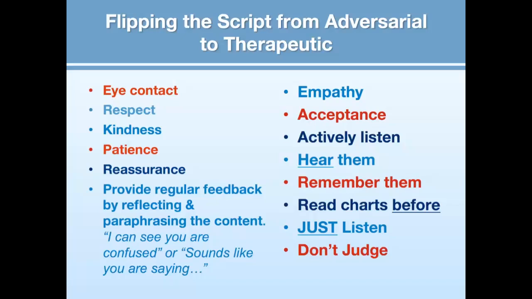I have a good memory, but I also make sure that I'm staying up on who's coming before me on a given day so that I can remember what was difficult for them in their life, or that they just had a parent die that is adding to their stress and their inability perhaps to be on track as we would like. And of course, as Dr. Folletti said, just listen and don't judge them. Be encouraging.